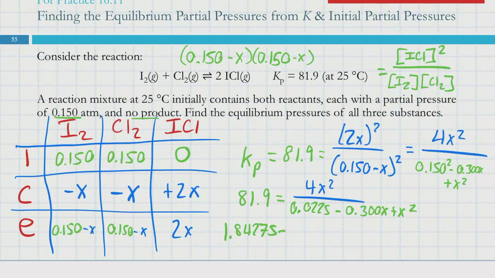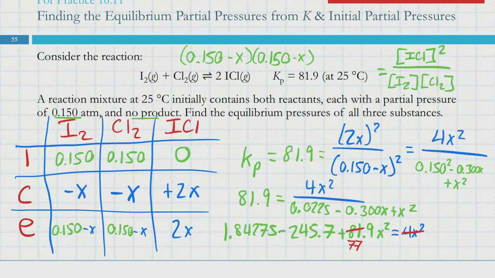1.84275 minus 245.7 plus 81.9 x squared. And that, of course, equals 4x squared, so we can subtract 4x squared from both sides.